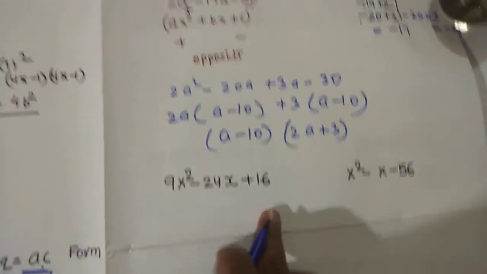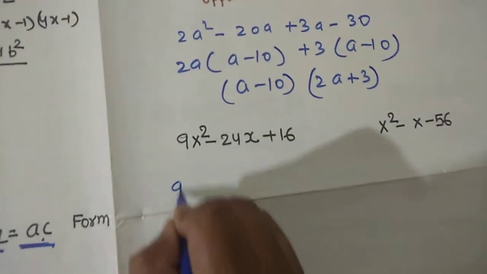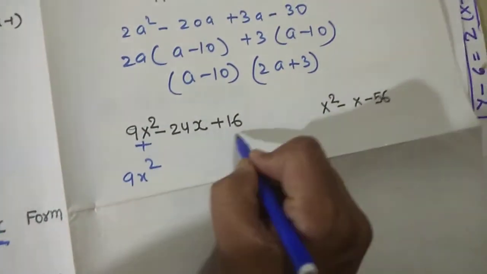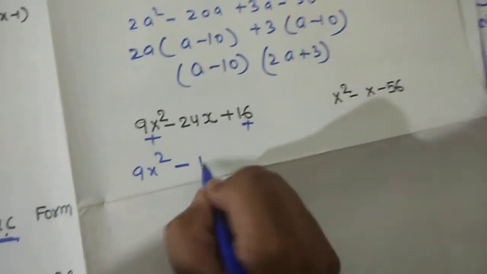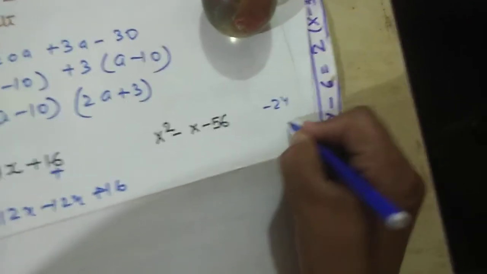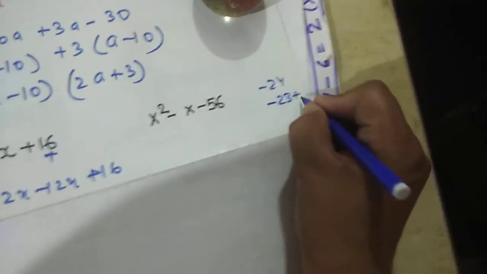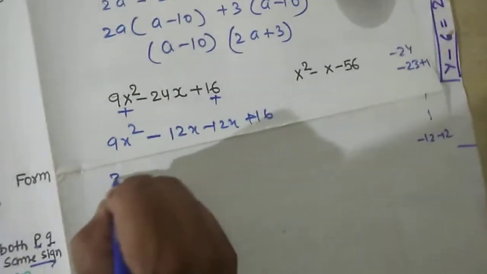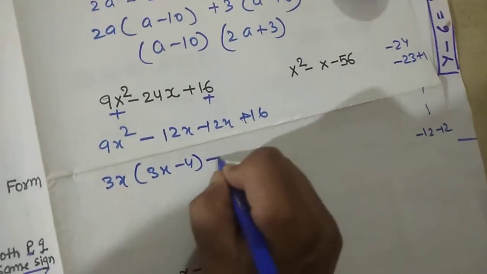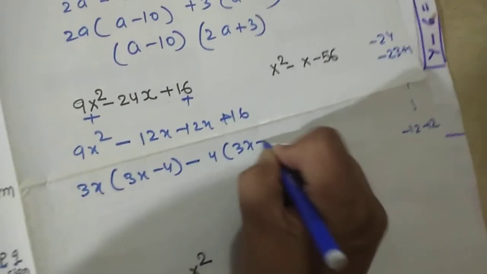Now going with the trick. 9x square plus 24x plus 16: 9 times 16 is 144, and this is plus, this is plus. So it will be 12x plus 12x. You can go like this, 24, 23 plus 1 and so on, up to 12 and 12. So here 3x common, 3x plus 4; 4 common, 3x plus 4.